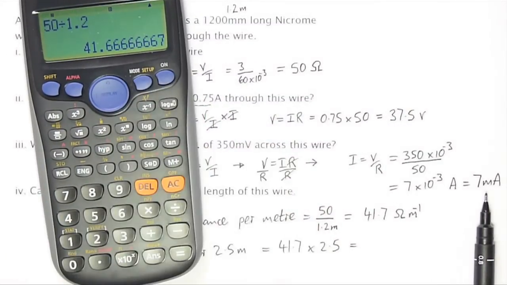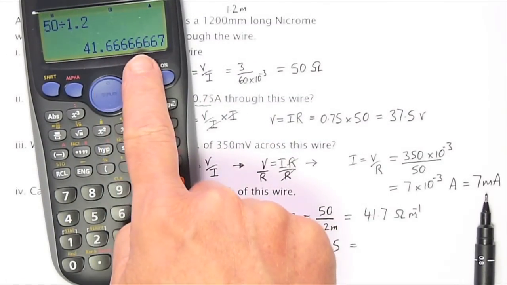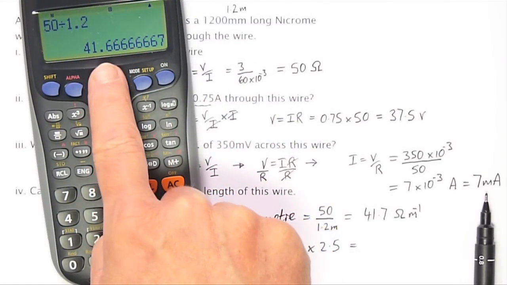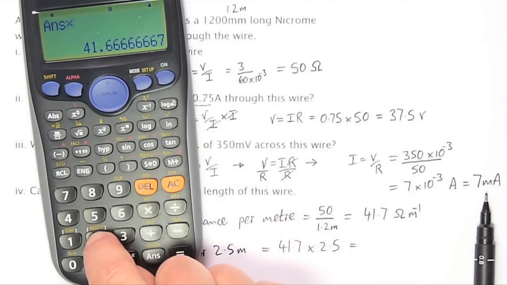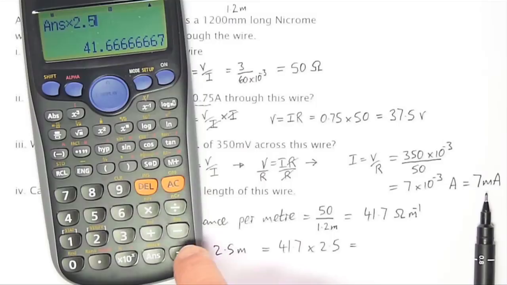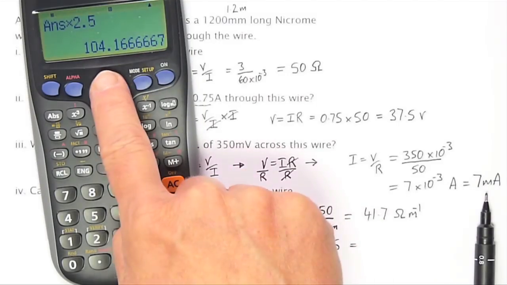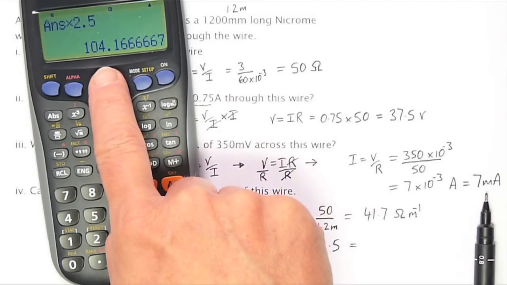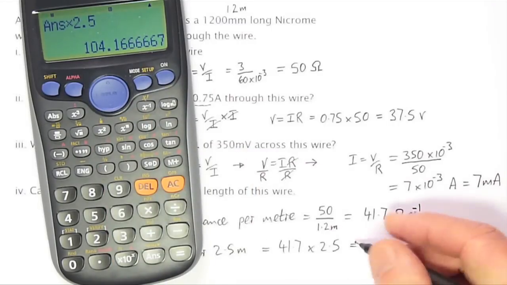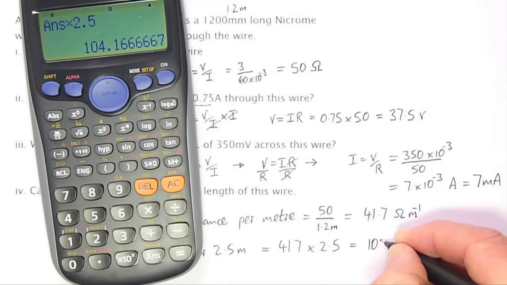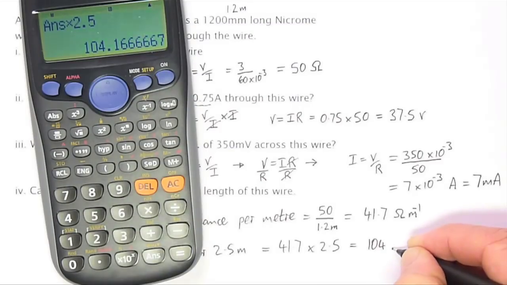Now you'll notice that already on the calculator I've got the answer for the resistance per metre, so I simply need to multiply that by 2.5. And the answer comes out here, and I'll round that to 104. 104, and the units for resistance are ohms.